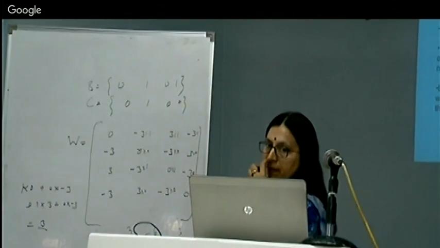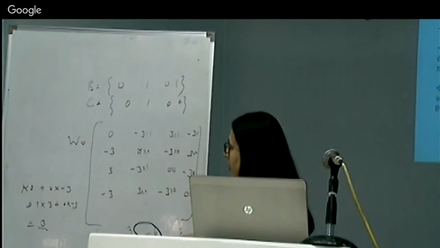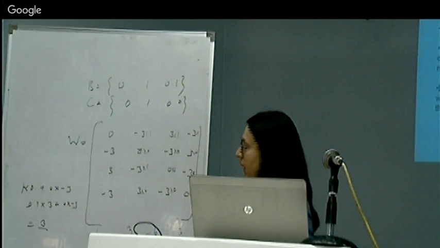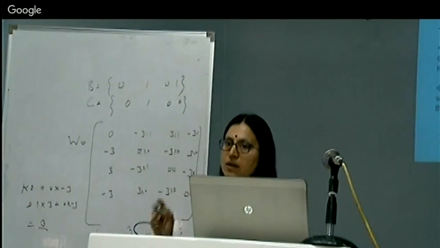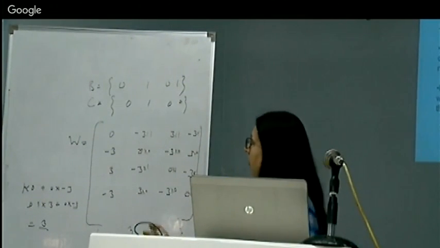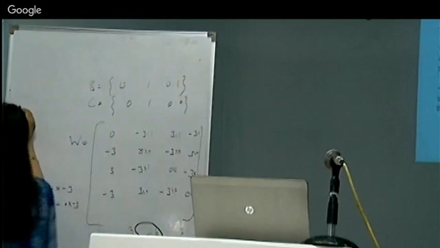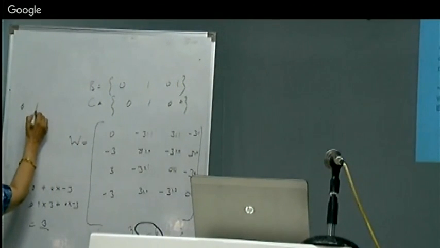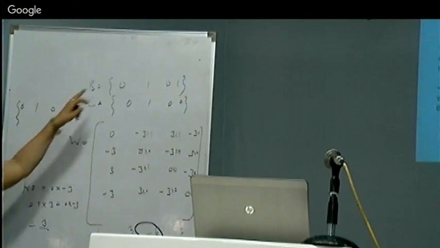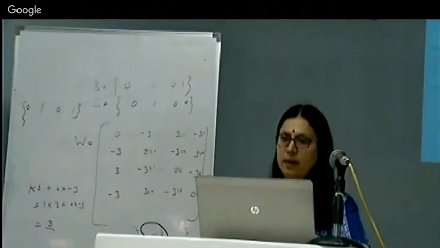So when we apply the threshold function for -3 and -3, we will get 0, and for 0 we'll get a 1, because the threshold function was defined such that when t is greater than or equal to 0, F(t) would be 1. So the pattern which is being recalled is 0 1 0 1. So that means the pattern which is being recalled is B, right? Now the question is why it is recalling B and not A.